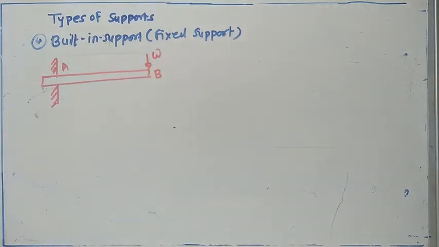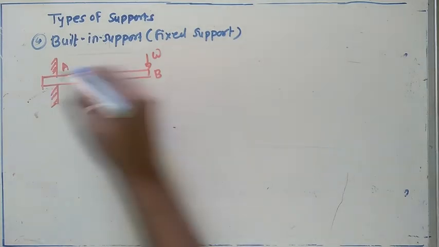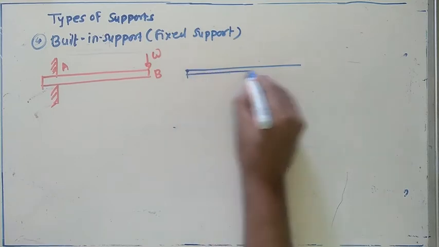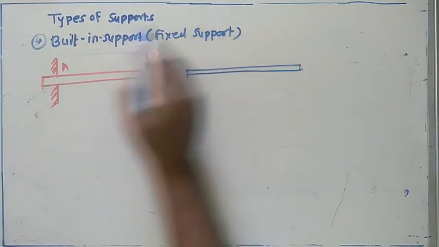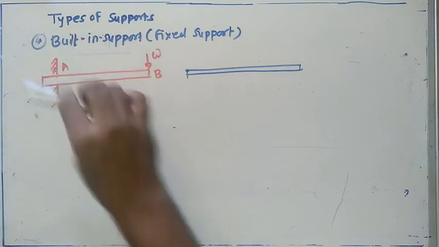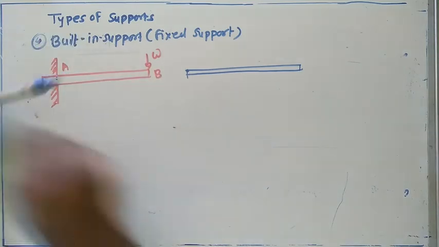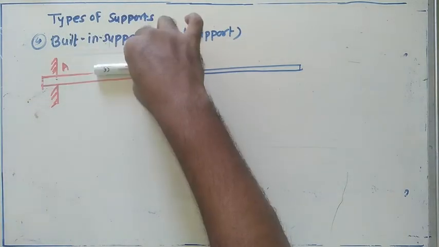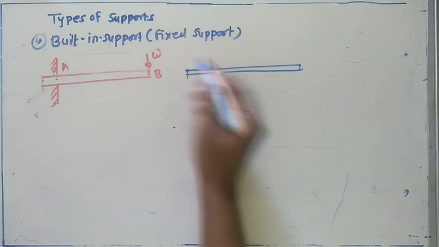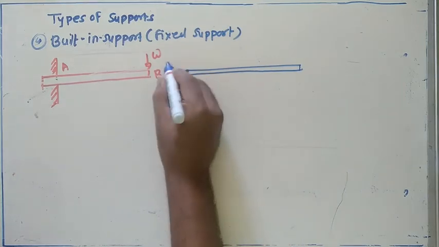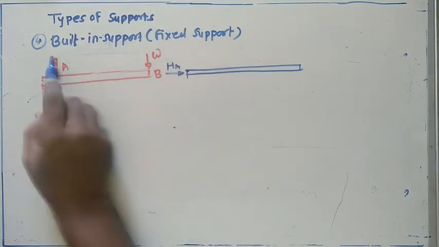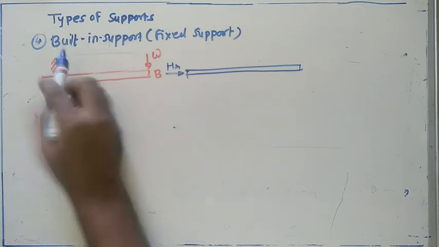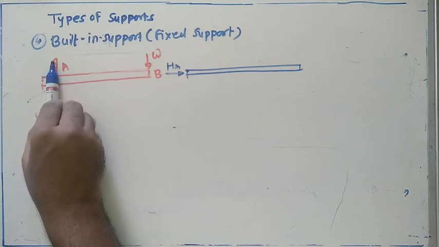Now see how the reactions will come here. If we focus only on this spot A, it will not allow us to move this beam towards the right side. So here we get one reaction in the horizontal direction, that is HA. This support will not allow the movement of this beam in the upward direction.